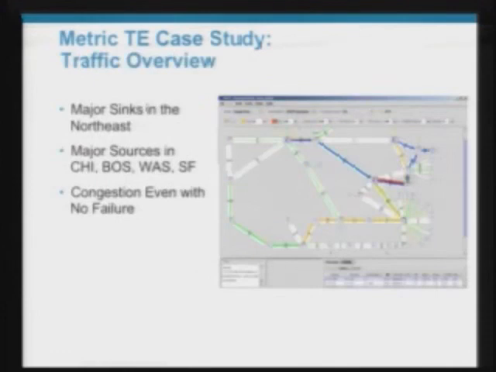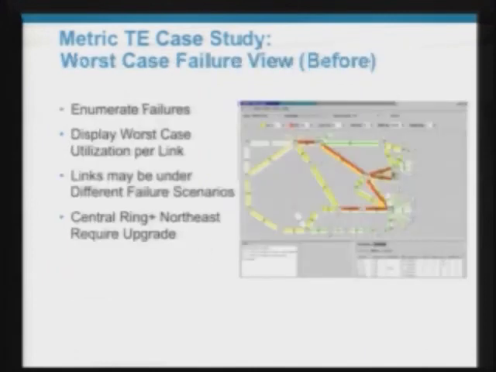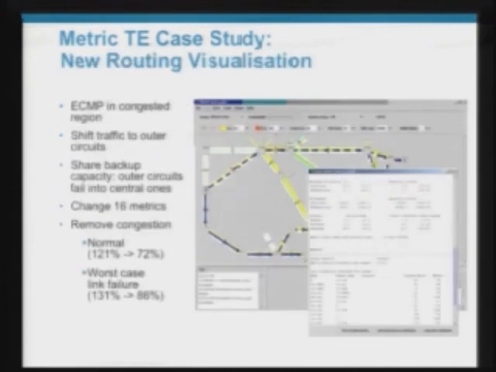There is, again, no reason to be completely afraid of this. There are established procedures, tools in place that allow one to change the metrics such that where you start with lots of congestion under worst case traffic before, you can get yourself a huge way off, from 120% normal utilization to 72, or bringing it down by almost a factor of 3rd under failure.